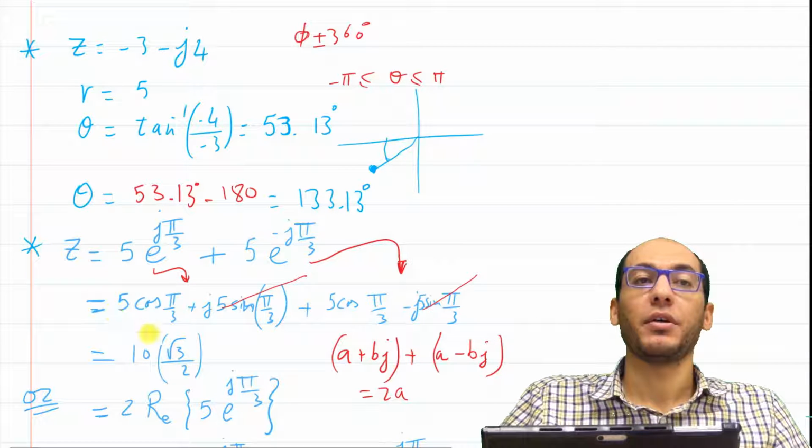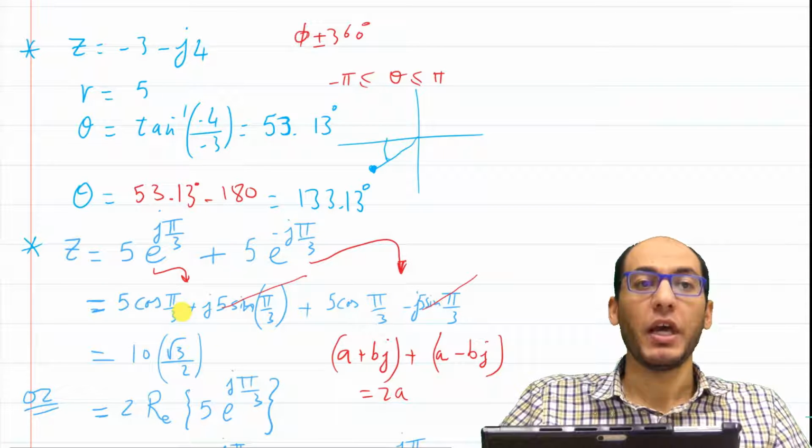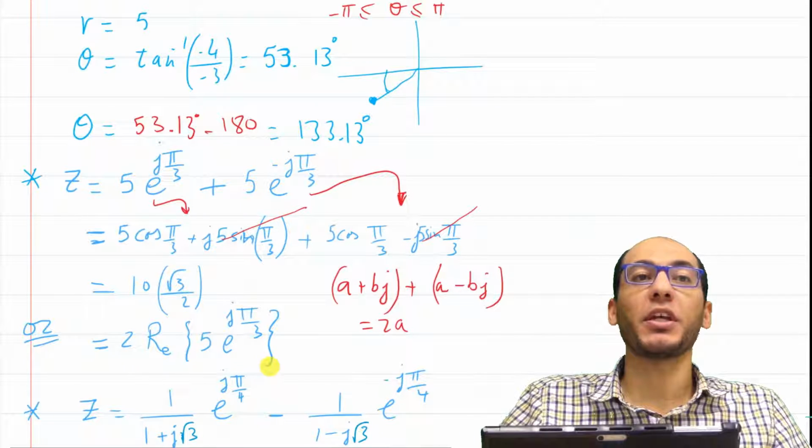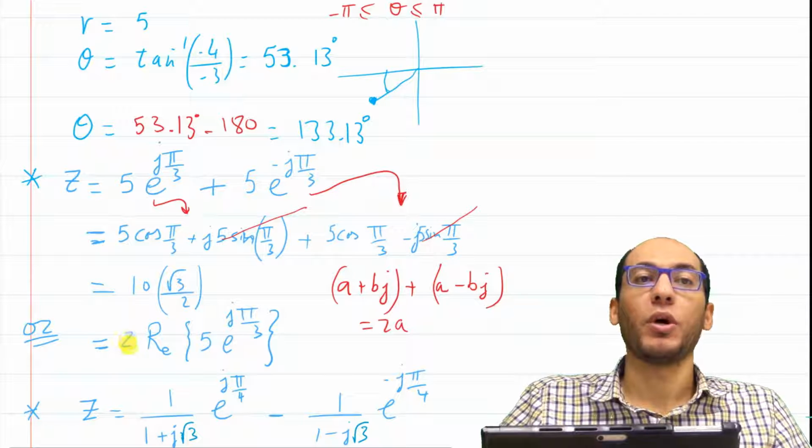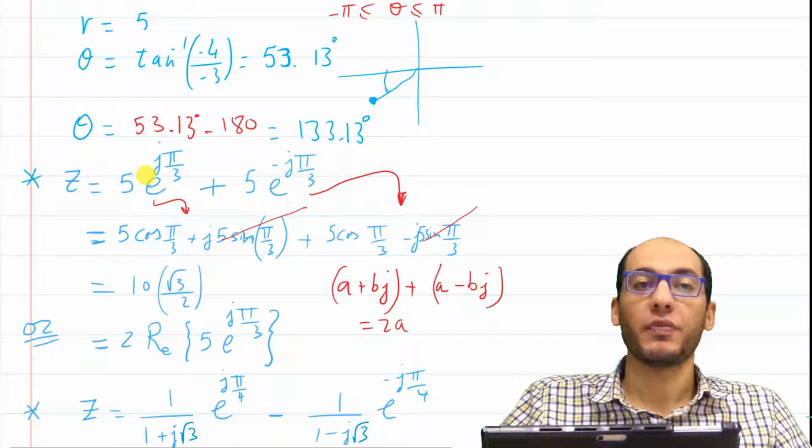twice the real part. Okay, and that's why I could have noticed this from the beginning and not done all of these steps. I just calculate the real part, which is the x, right? And in that case, the real part, which is the x, is 5 cosine pi over 3, and then multiplied by 2. Twice the real part of that number is going to give us the value of the final answer.